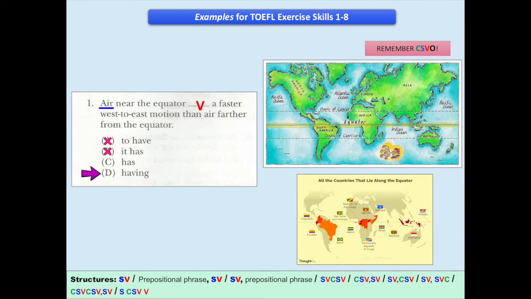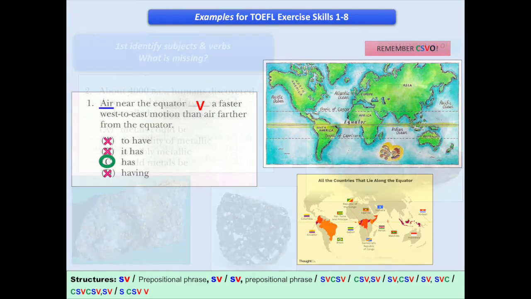Dog is a present participle. Do you remember skill 3? A present participle without the be verb is an adjective. There is no be verb here, so this is an adjective, not a verb. So that means our answer is cat. This is the only answer that has only what is missing in the sentence.